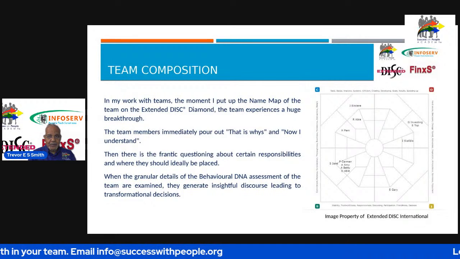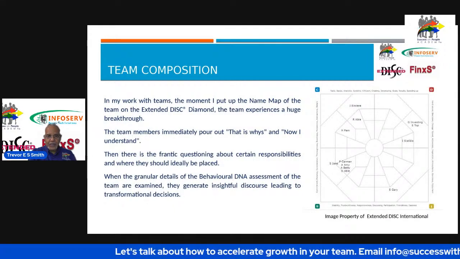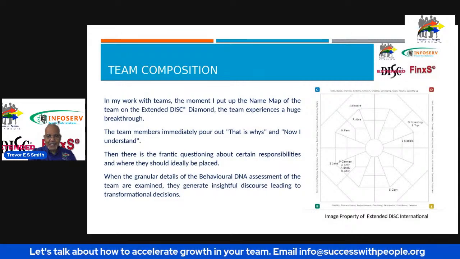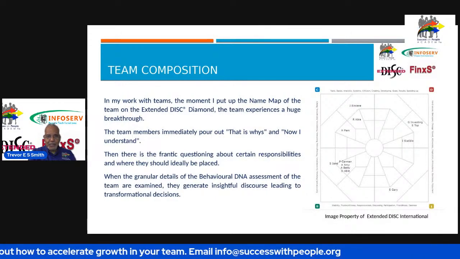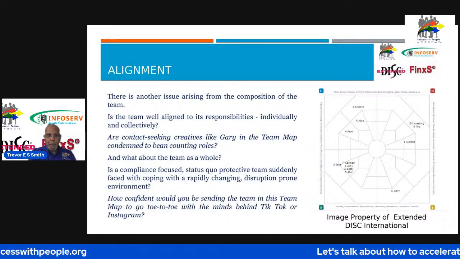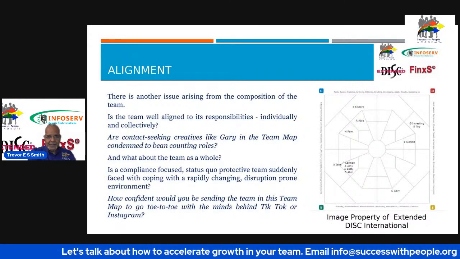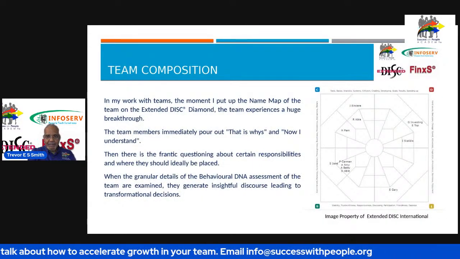So in my work with teams, here is an Extended DISC team map. This is the Extended DISC diamond, and individuals, as you can see, are placed on the diamond. And when I put up this team map, I can stand at the back of the room and watch as individuals self-diagnose the team.